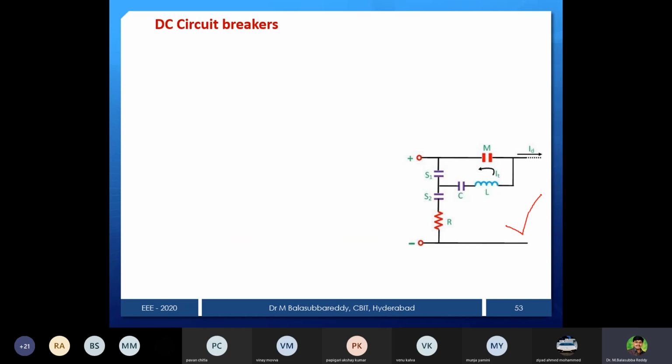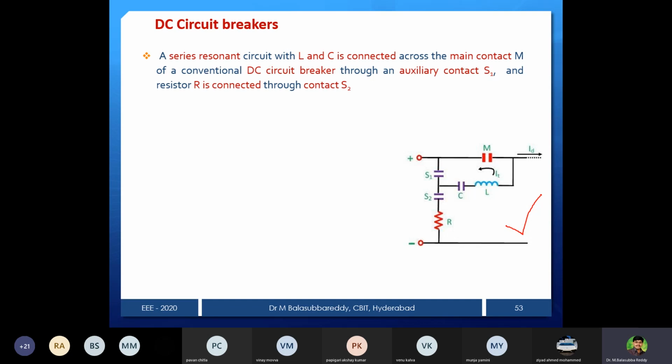This is our operation of the HVDC circuit breaker. You can see this is our main contact. What is mentioned here is that L and C are in series. Across it there is the main contact, the DC circuit breaker.